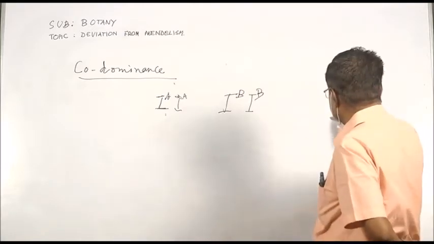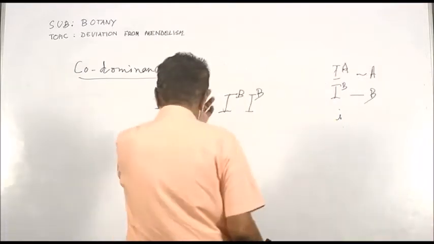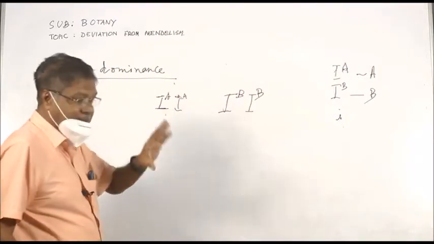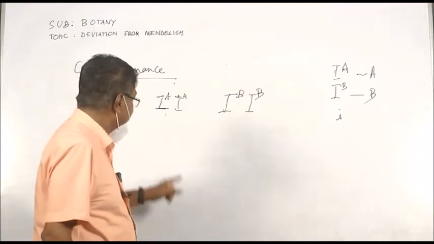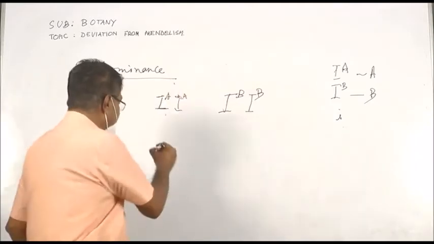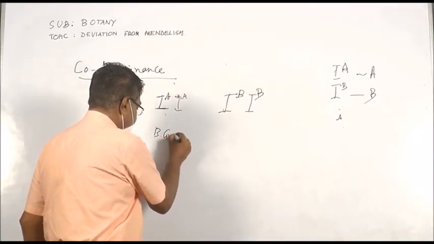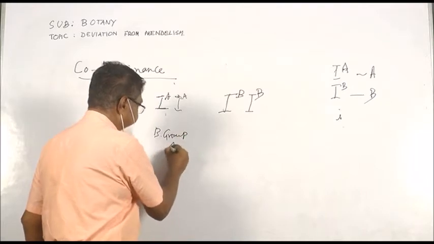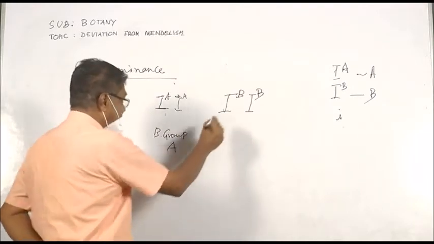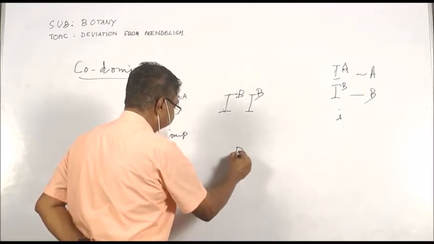This is the same recessive gene for both the dominant genes. So, as per Mendel's laws, capital IA together, we expect blood group A, and capital IB, the blood group is B.